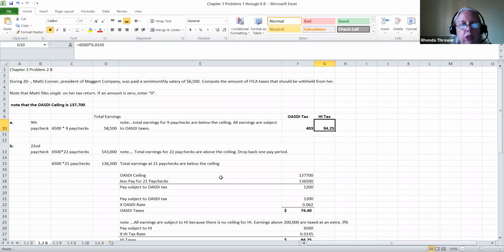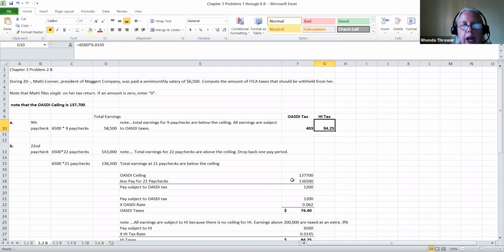So what you have to do is take the ceiling, the base, the cap for OASDI, which is 137,700. You're going to subtract the pay for 21 paychecks. Remember I said we're going to drop back a paycheck? The last time we were paid, they got an annual amount of 136,500.